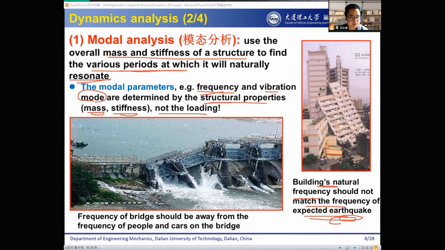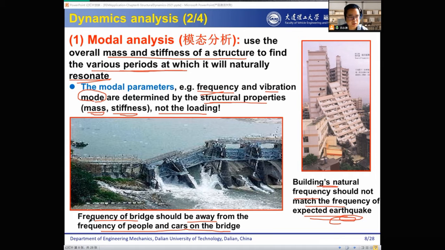Similarly here, the frequency of the bridge should be away from the frequency of the people and the cars on the bridge. If a car is driving on the bridge, or people are walking on the bridge, they give a dynamic loading to the bridge, and then they will cause the bridge to vibrate.